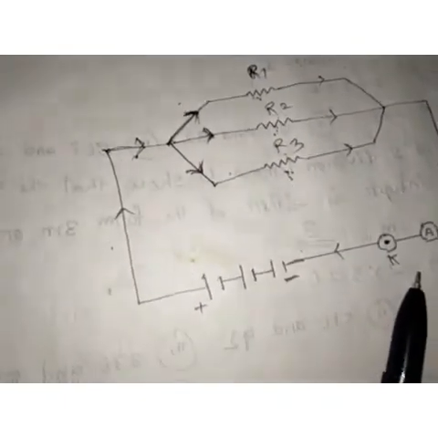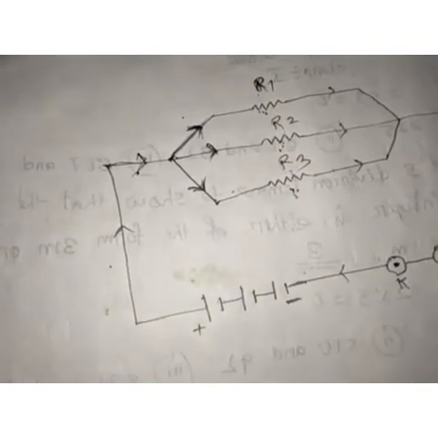But in series connection, the same amount of current flows throughout the circuit, while in parallel connection the same amount of current does not flow.